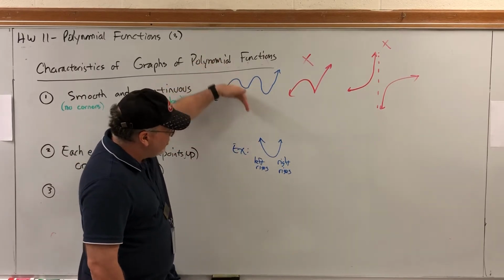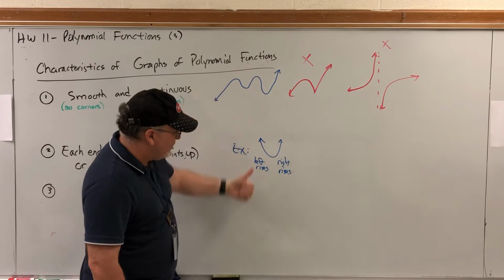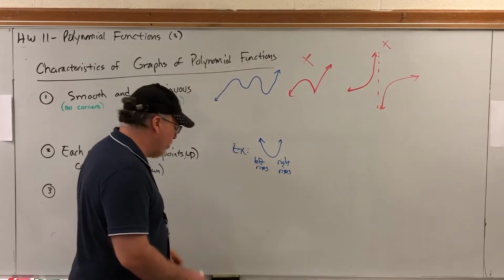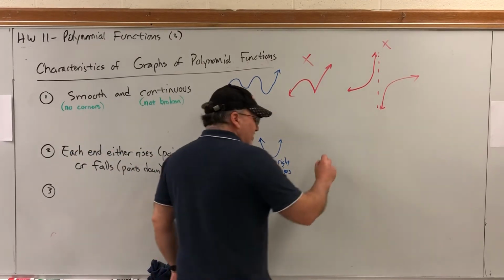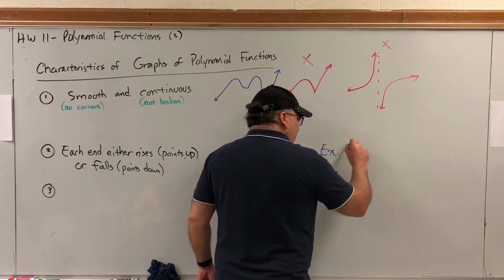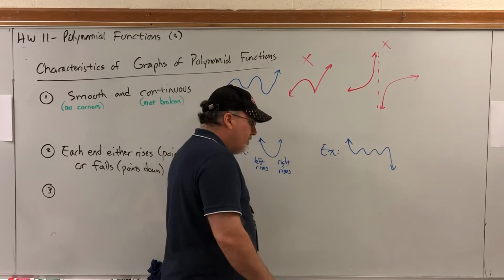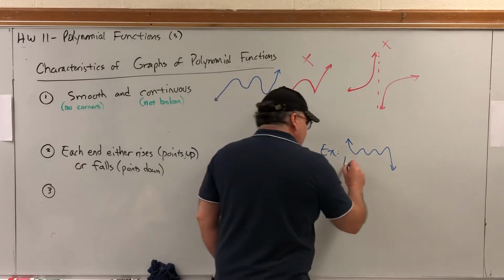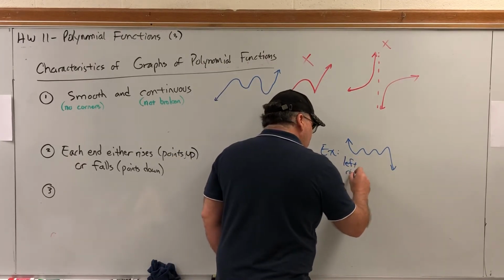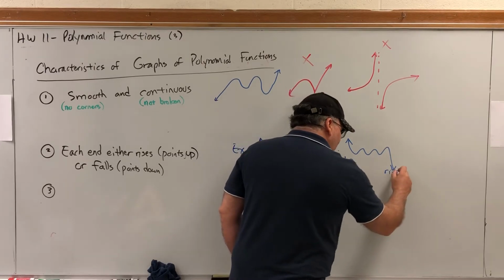So as you're coming in, you're actually moving downward, even though we say that the left rises because it's pointing up. Or if we had something like this graph, then we could say that the left rises, but the right falls.